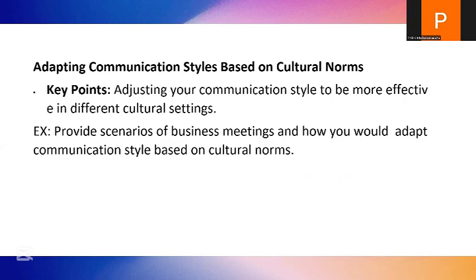So I'm going to provide you some examples, scenarios where we can find business meetings and how they are going to adapt the communication style based on norms. So I will show you. You can go through these and identify how the business meetings would adapt to the styles of different cultural norms.